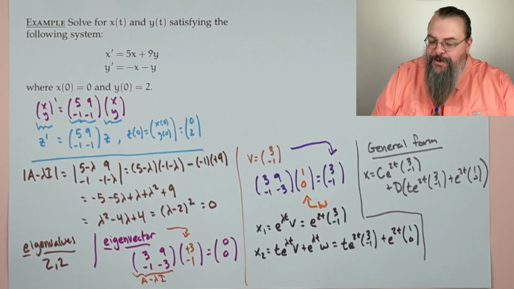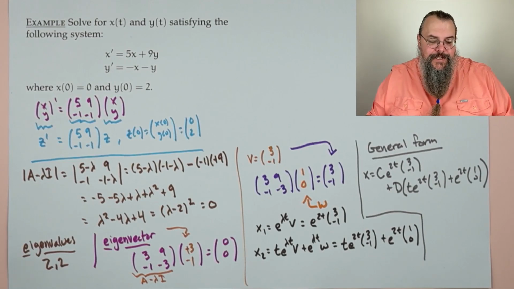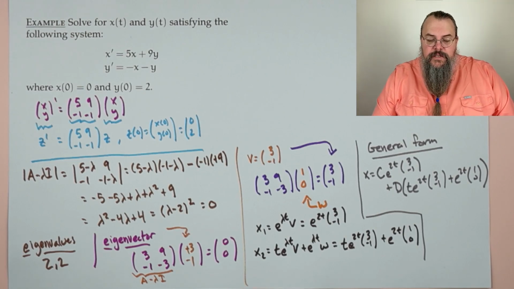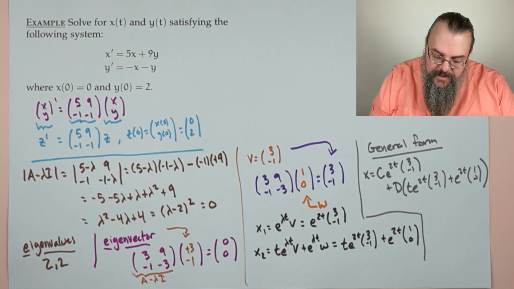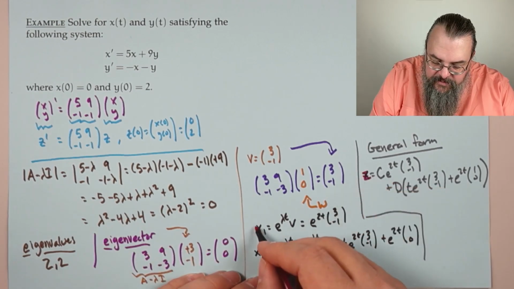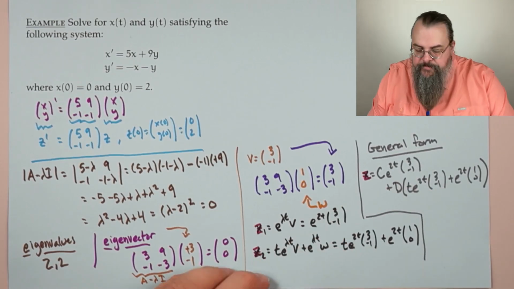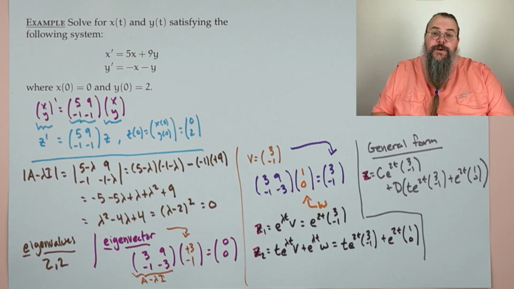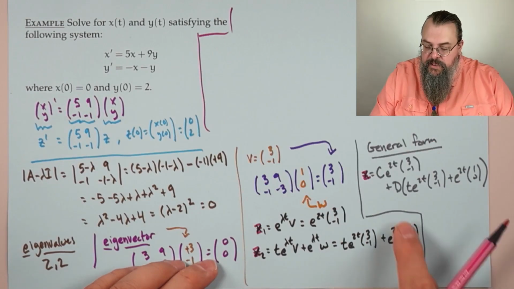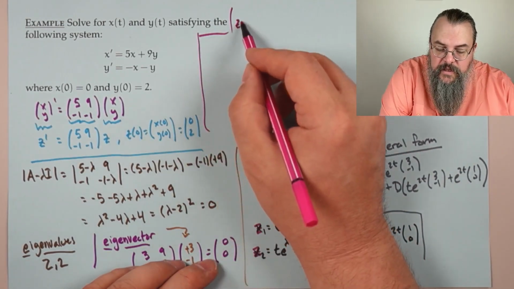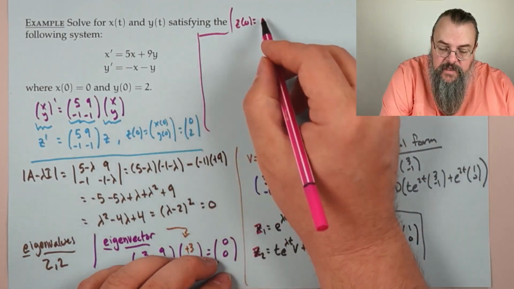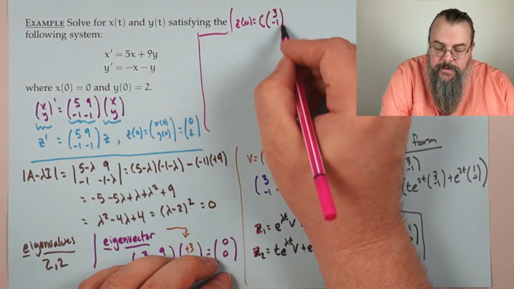Okay, so the next thing for us to do then is tackle those initial conditions. All right, well, we can plug in 0. And whoops, I was putting in x's, we should have been calling them z's, and I apologize for that. That's my bad. I got distracted. Okay, so what do we have? Well, when we plug in 0, we will get z of 0 equals, e to 0 is 1, so we're going to get some constant c times (3, -1).